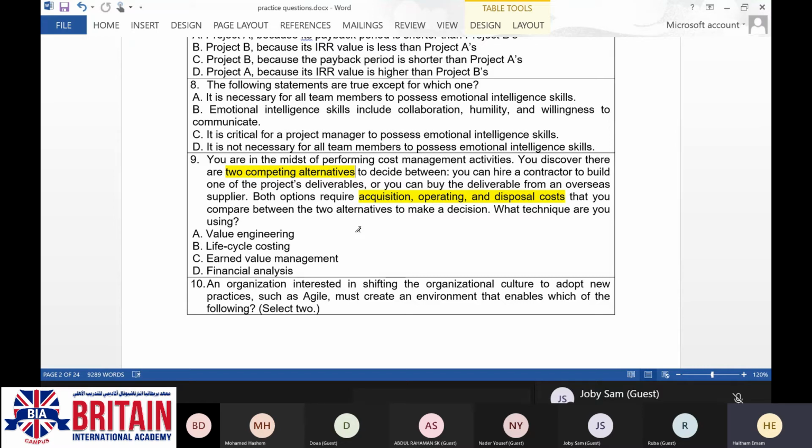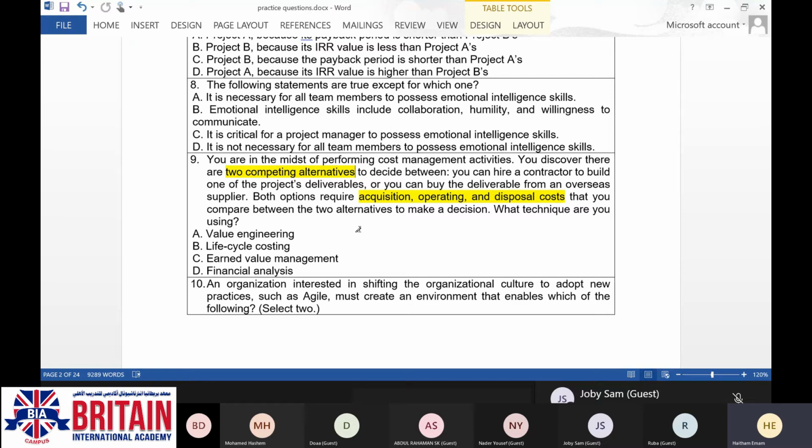What will be the budget at the end of the project? So according to that situation, we are still in the early beginning of our project. We are comparing between two suppliers. We haven't started the work. And here we are not talking about anything related to the current performance and forecasting for the future. So the earned value management also is not going to work out.